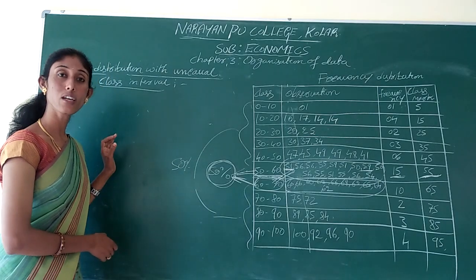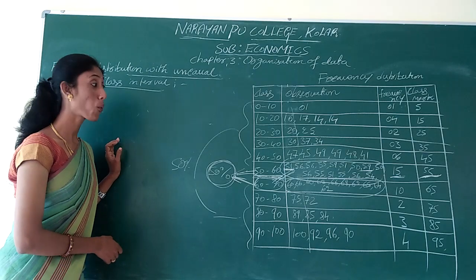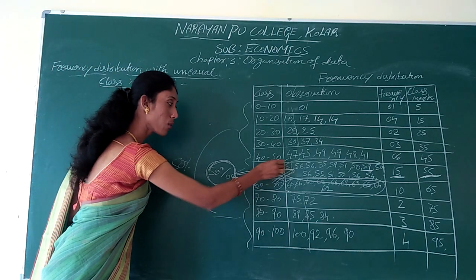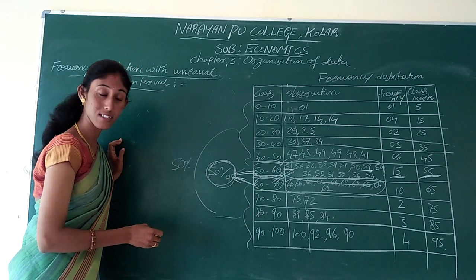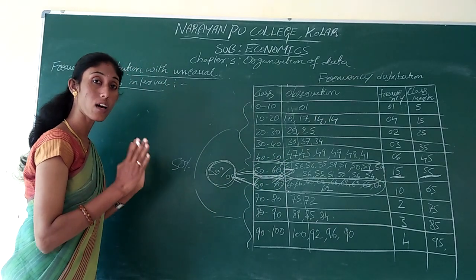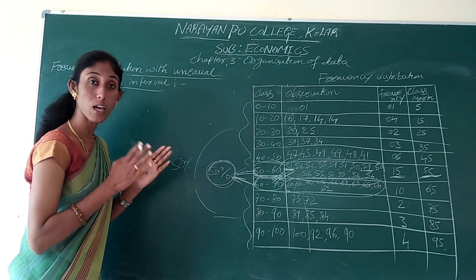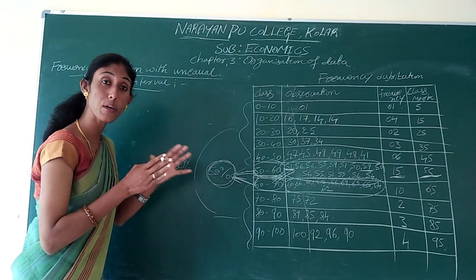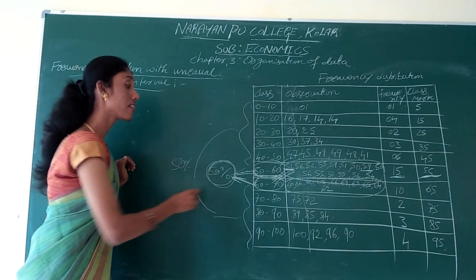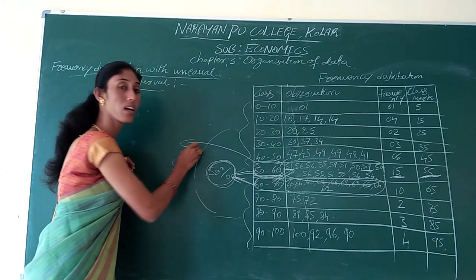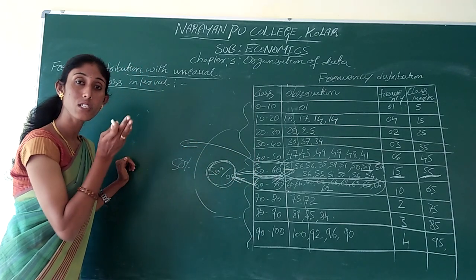How do we do an unequal class interval? In the particular classes where more values or observations appear, those classes particularly we will classify unequally.